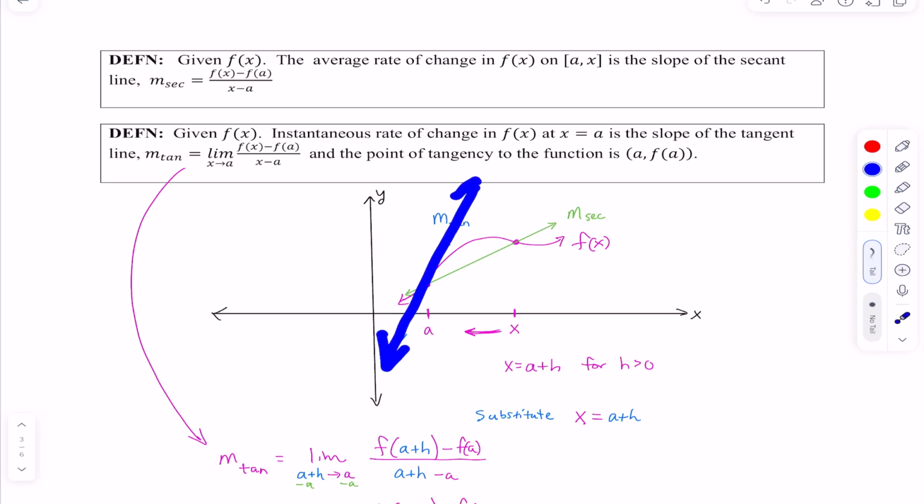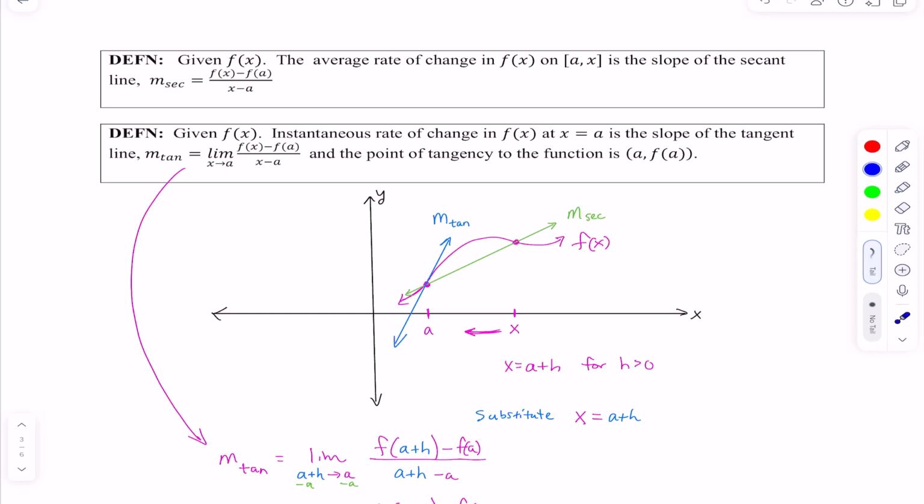We're really concerned about the slope of that tangent line because it will indicate whether the function is increasing or decreasing. So this is the definition of instantaneous rate of change. As long as you let x approach a from both sides, the picture shows x approaching a from the right side, but you could go this way as well.